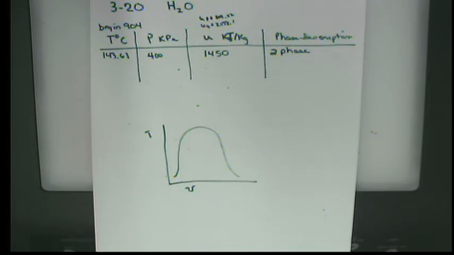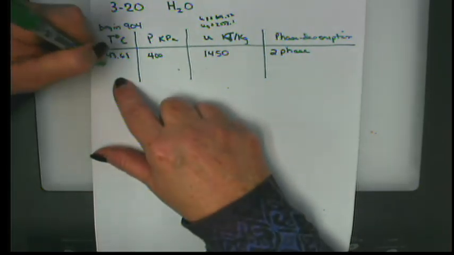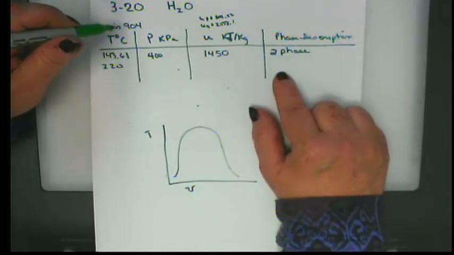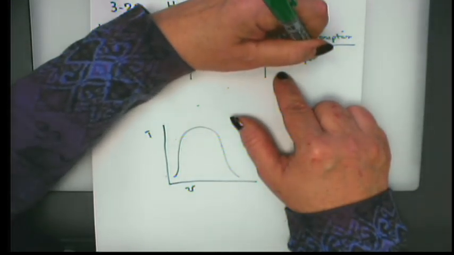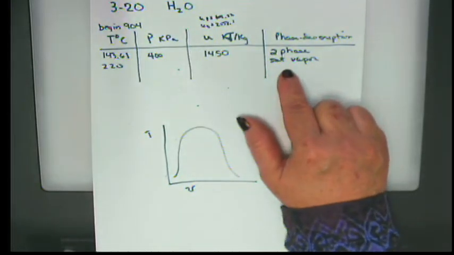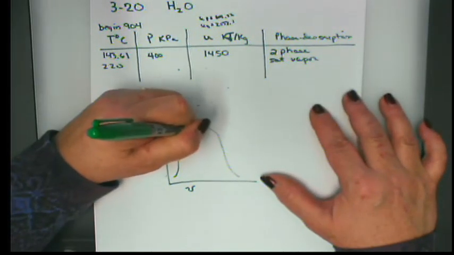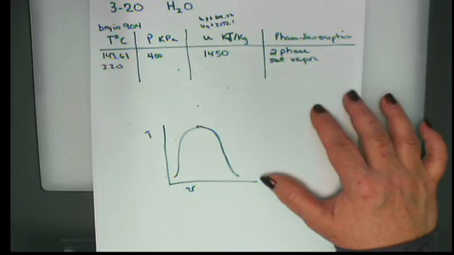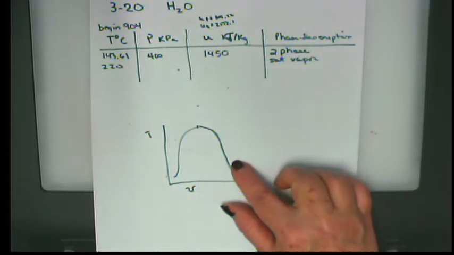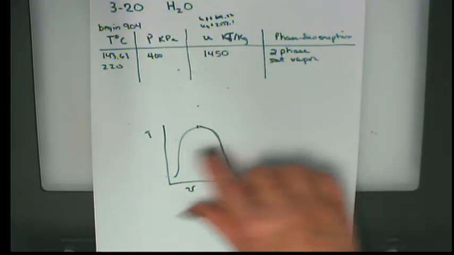Okay, the next one is, I have a temperature of 220 degrees Celsius, and I'm told that it is a saturated vapor. All right. Now, what saturated vapor means is we're on this side of the curve. We have a steam quality of 100%, and that means that all of my properties are going to be the sub G property.